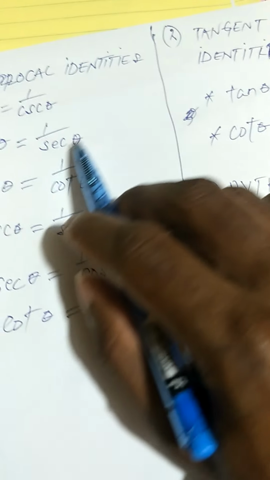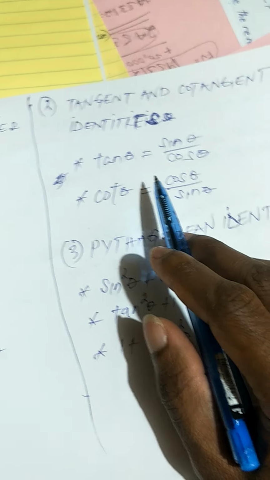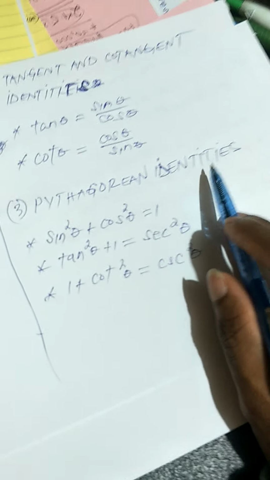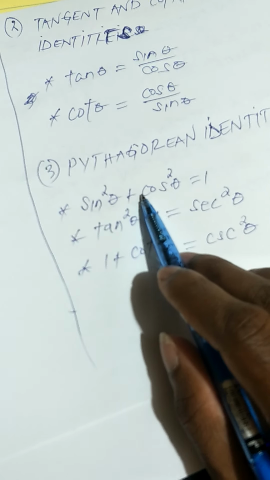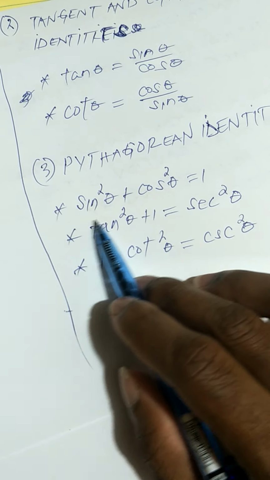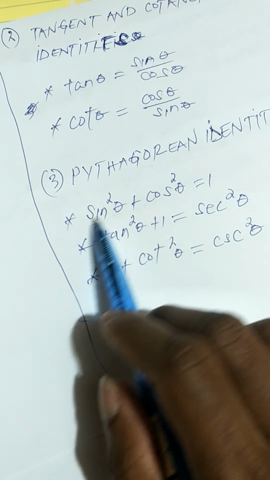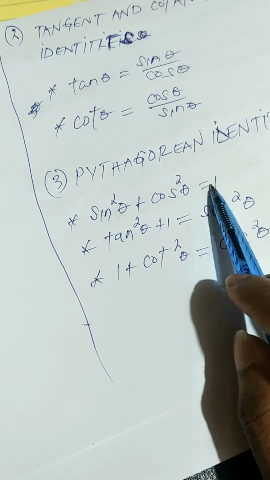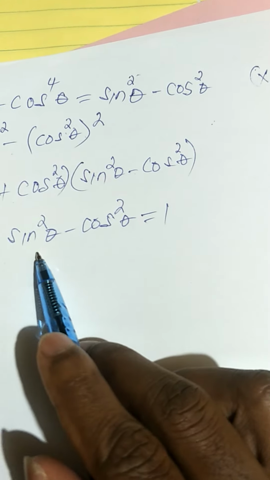So if I see here, reciprocal, no. Tangent and cotangent, no. Pythagorean identities, yes. This one. So I'm applying this one. As you can see, sin theta squared plus cos theta squared is equal to 1. Okay, which is this one.